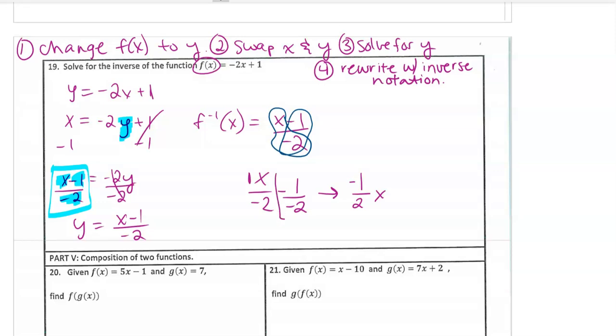As for the second fraction here, negative 1 divided by negative 2. What's a negative divided by a negative? A positive. So now we have positive 1/2. So really, we can rewrite our inverse function here to say f to the negative 1 of x equals negative 1/2 x plus 1/2.